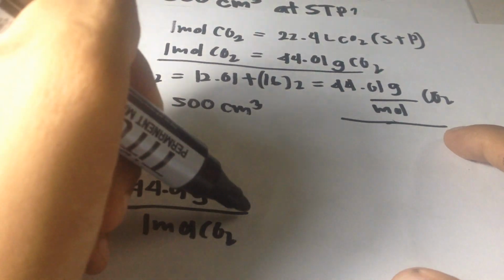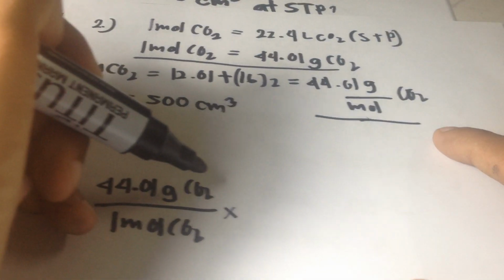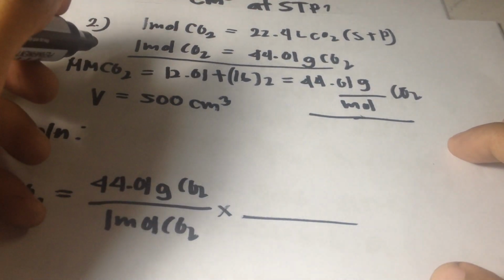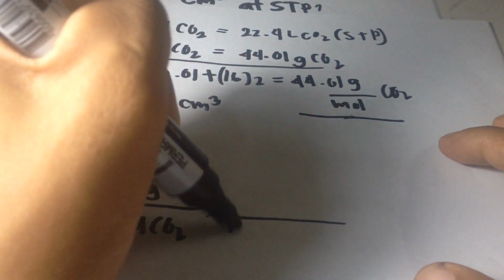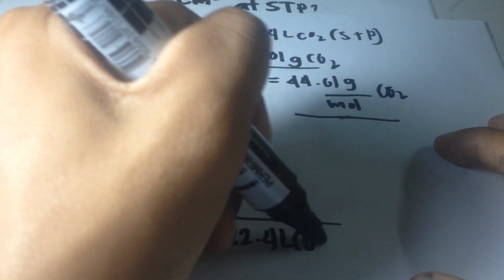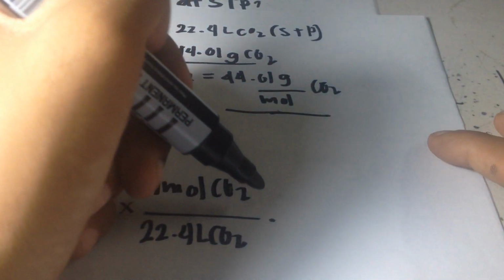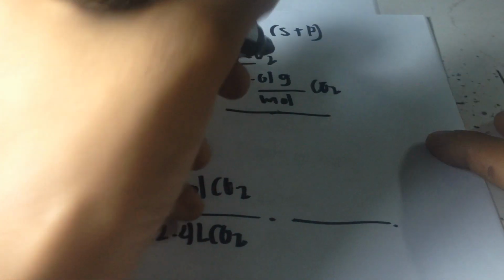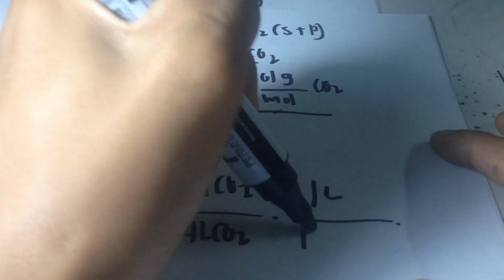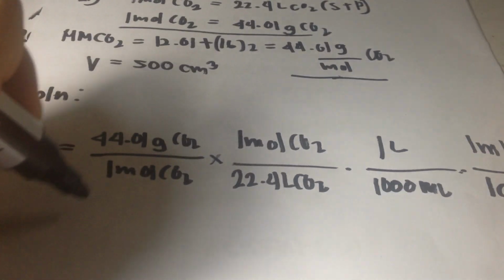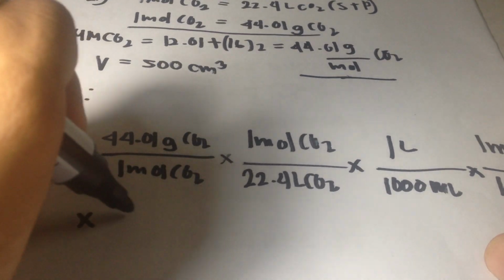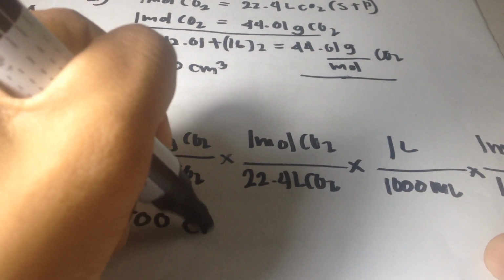And then times 1 mole of carbon dioxide over 22.4 liters of carbon dioxide, times 1 liter equals 1000 ml, and 1 ml equals 1 cubic centimeter, times 500 cubic centimeters.